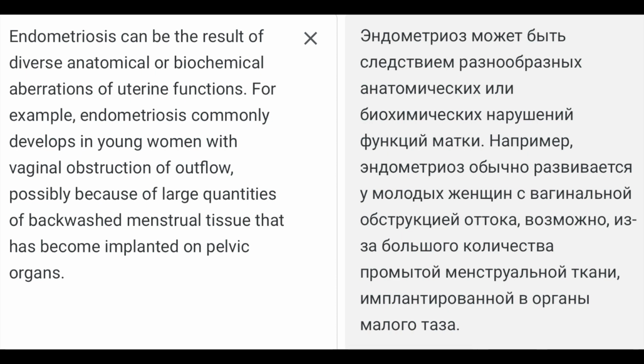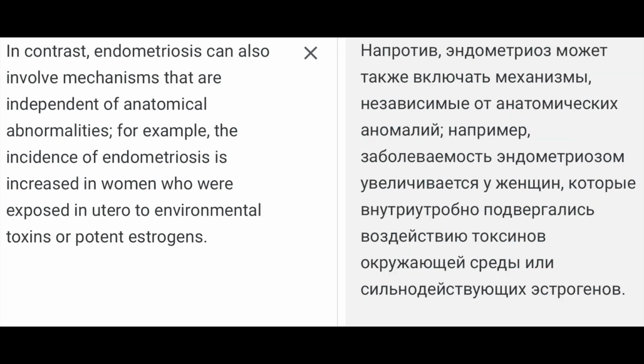Endometriosis can be the result of diverse anatomical or biochemical aberrations of uterine functions. For example, endometriosis commonly develops in young women with vaginal obstruction of outflow, possibly because of large quantities of backwashed menstrual tissue that has become implanted on pelvic organs. In contrast, endometriosis can also involve mechanisms that are independent of anatomical abnormalities.